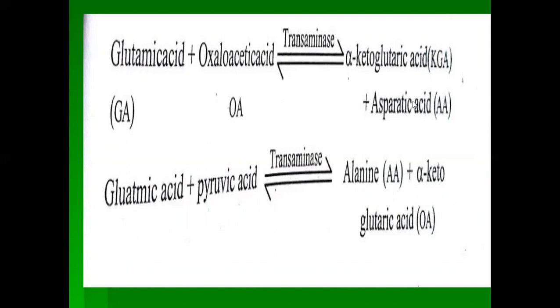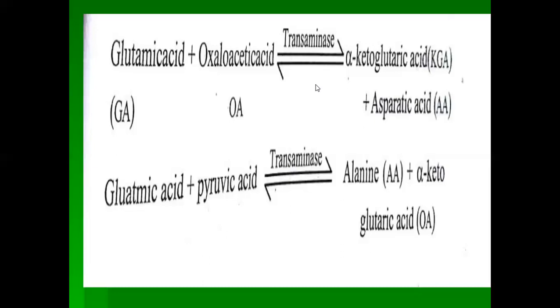In this reaction, transamination is completed. Transamination means transfer of the amino group of an amino acid to keto acids. It results in the formation of a new amino acid. This process is called transamination.